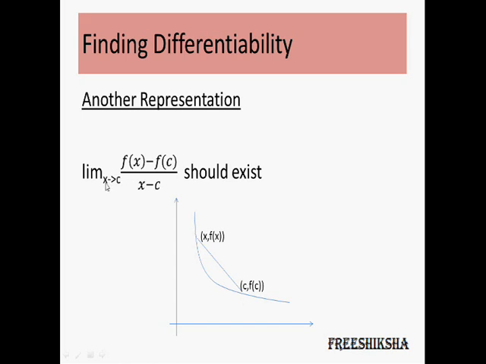So my x should tend to c. If I'm calculating at point c, then f of x minus f of c upon x minus c would be my derivative value. So this limit in whole should exist in order to say that the function is differentiable, meaning left hand limit and right hand limit both should be equal.